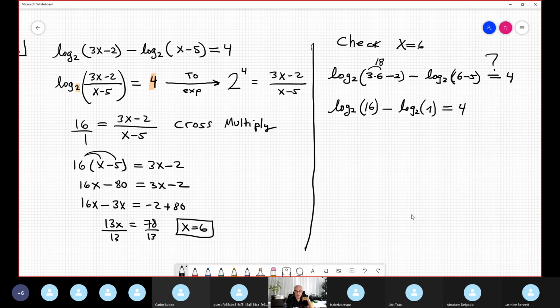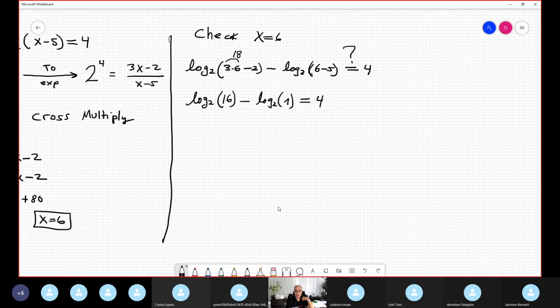But I remember very well property number 1 that we studied today: the logarithm of 1 in any base is equal to 0. Wow, logarithm of 1 is 0 regardless of the base. This is 0, this is gone. Because I need to prove somehow that logarithm base 2 of 16 is 4.